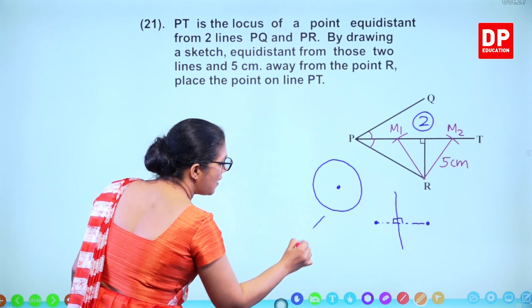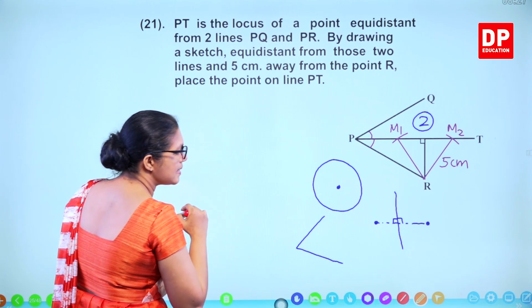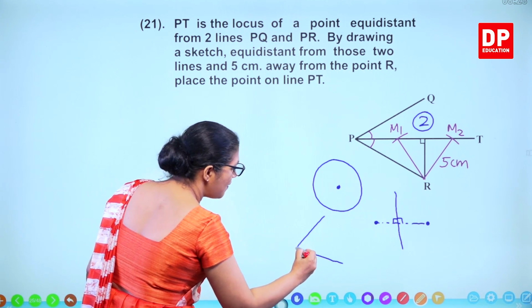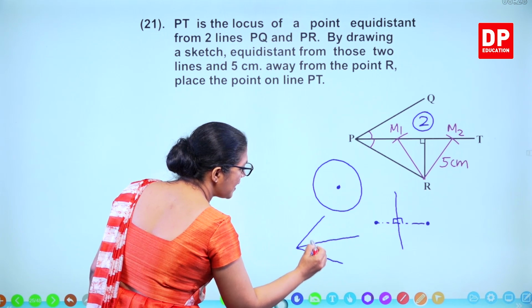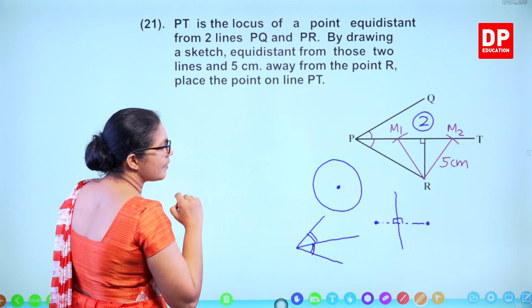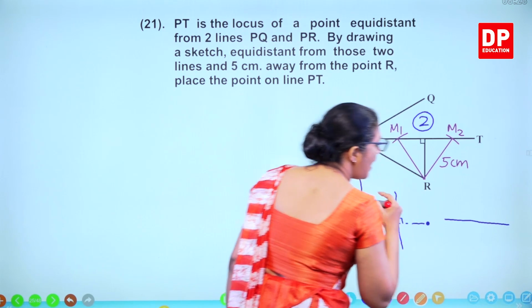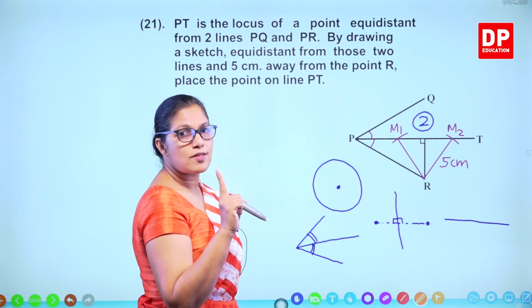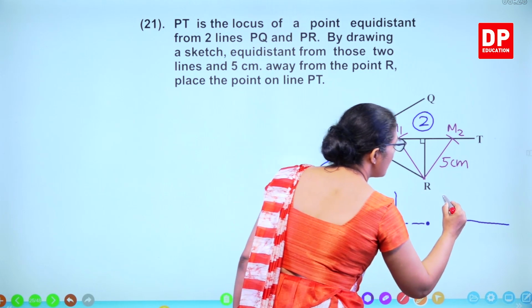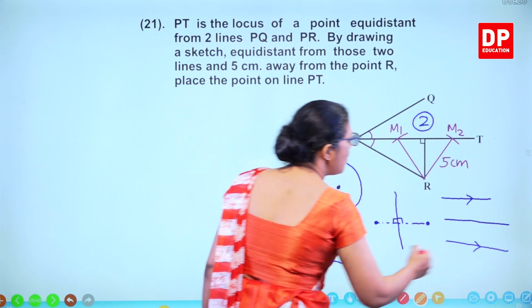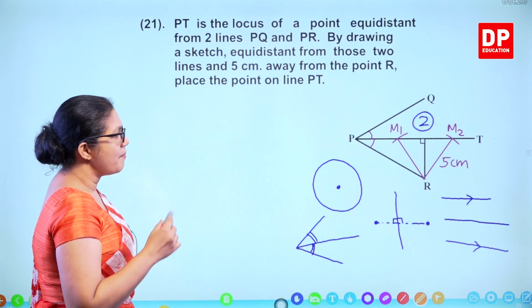And we did, if there are 2 adjacent lines, what's the equidistance from 2 lines? That's the angle bisector. And finally we did, if there's a line and equidistance to this line, you get 2 parallel lines either above or below.